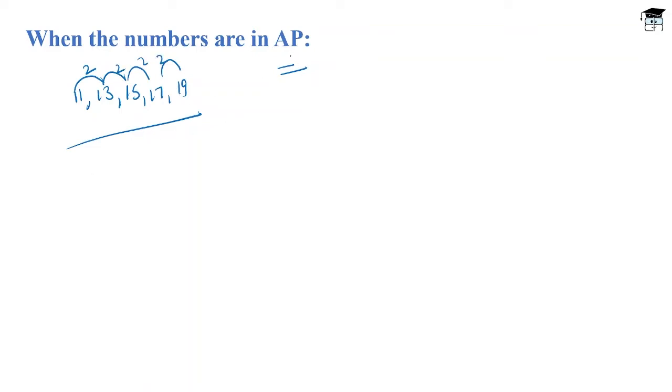They are in AP. Alright, so now when the numbers are in AP, average is equal to the middle term. Average is equal to the middle term, that is 15.